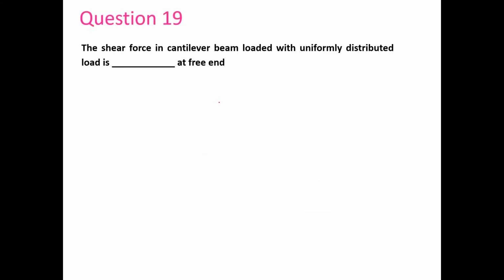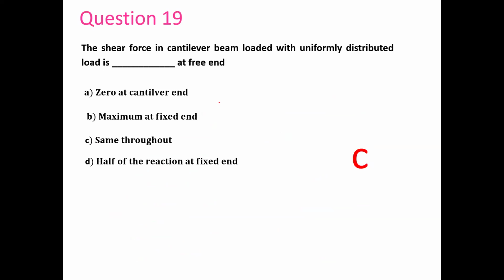Then the shear force in a cantilever beam loaded with uniformly distributed load is... now this is not option C. So it will be 0 at the cantilever end with uniformly distributed load. So at the free end it is 0. Just I have plotted this, so we have this diagram, a linear line.